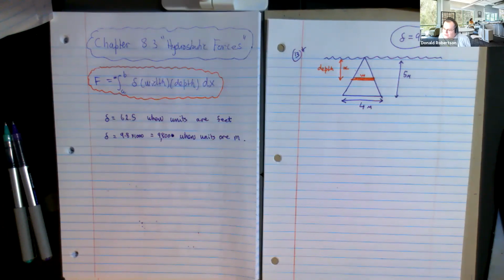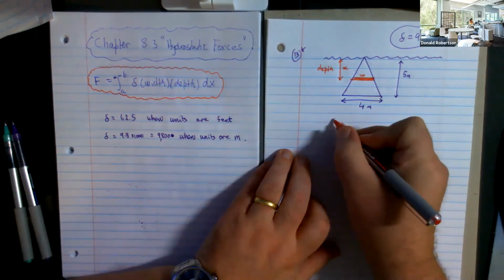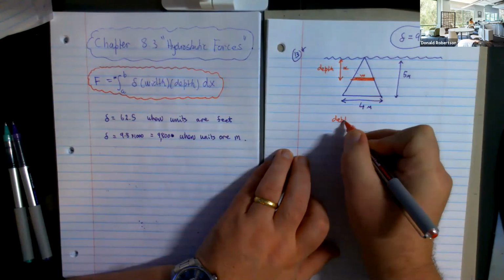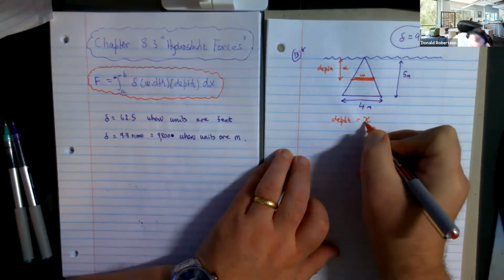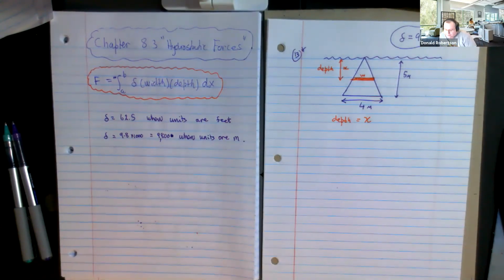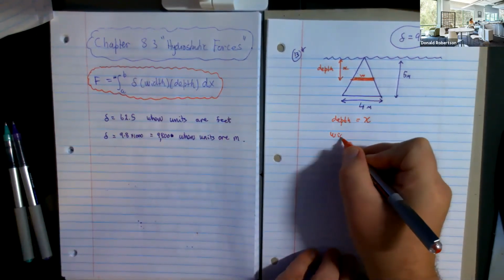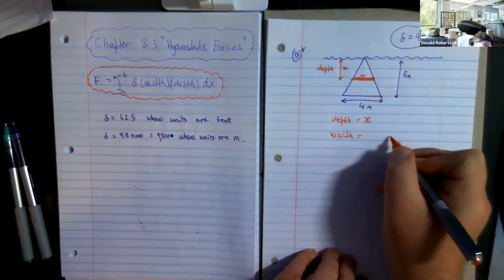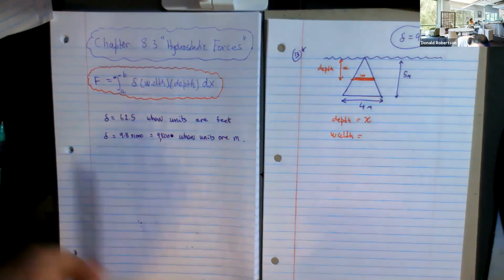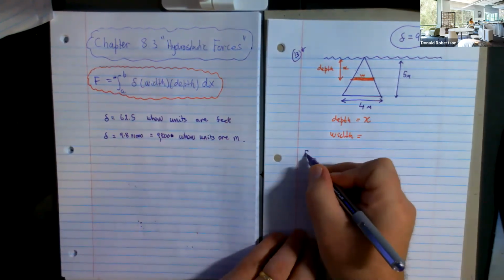Right, this is for triangles. X is going to be from the top of the shape to where the strip is. So in this case, we already have the depth, which is X. We need to get the width, which we haven't got yet. And once we have that, we can then put the package together.